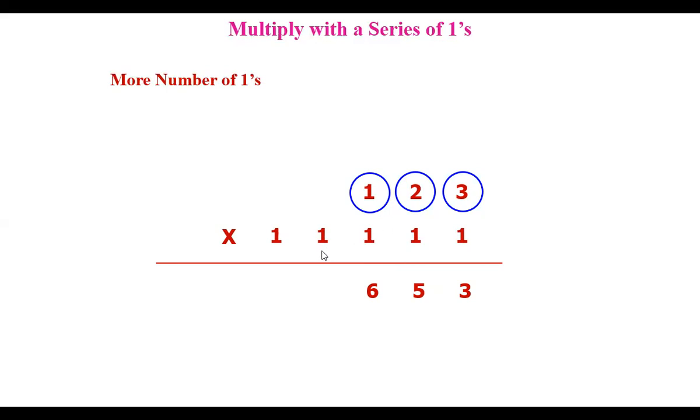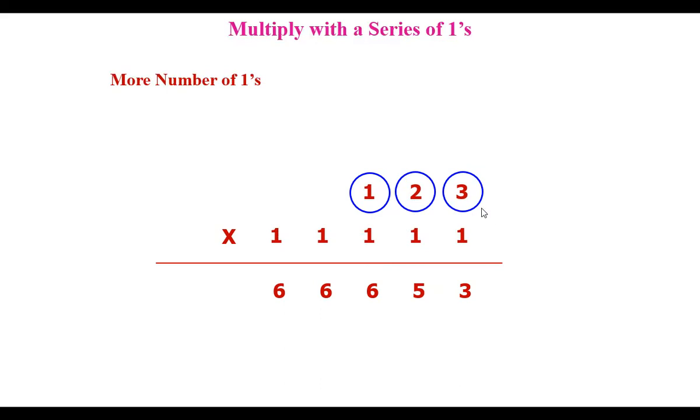So 3 plus 2 plus 1, 6. I'm going to write 6 here. 1 time is over. 3 plus 2 plus 1, 6. Second time I'm writing. So 2 times I have written extra. That's it.